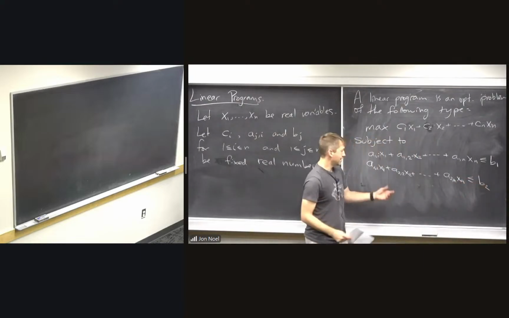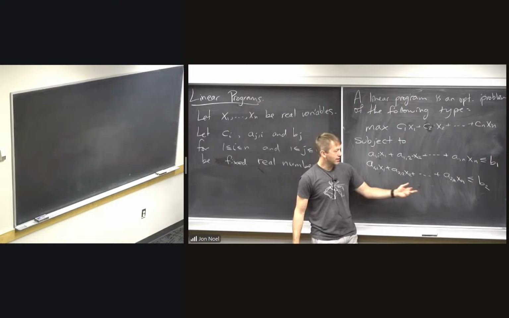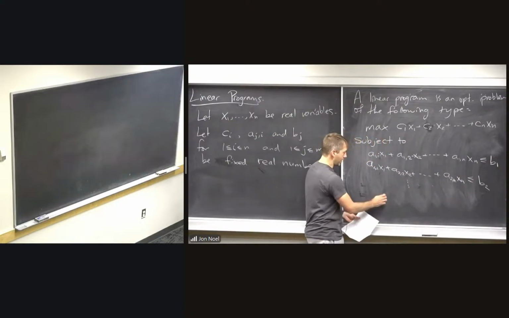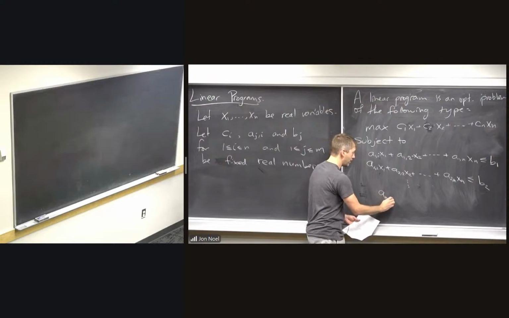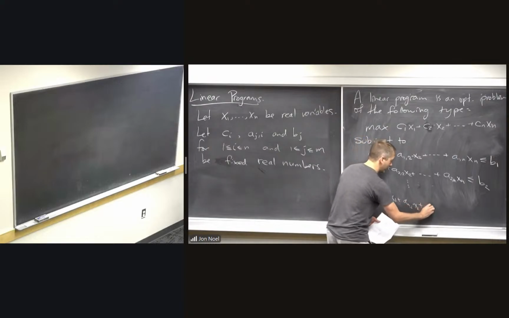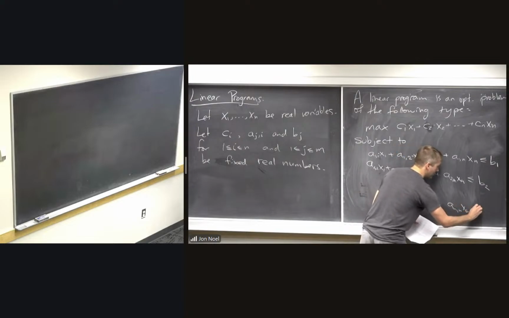On the next line, I've got some linear combination of x1 and x2 up to xn is at most b2. And this goes all the way down to am1 times x1 plus am2 times x2 ... up to amn xn is at most bm.